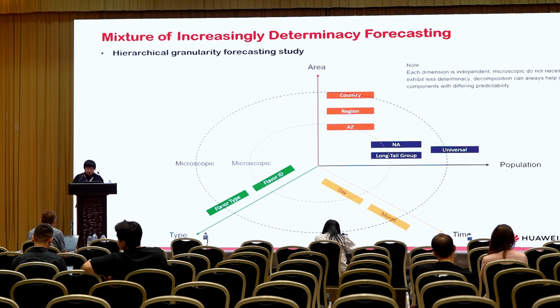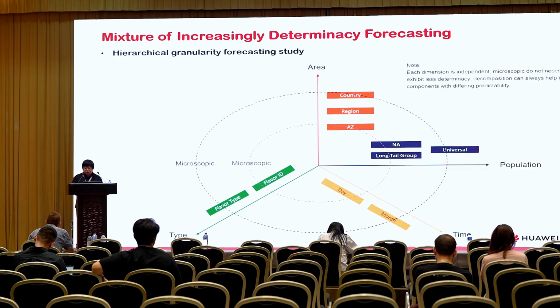Time series at different levels of granularity often exhibit distinct stationary or non-stationary behavior, and consequently varying levels of forecasting difficulty. Take the granularities of types as an example. Consider customer A's demand for a server of flavor type X, which comprises two specific variants, flavor ID X1 and flavor ID X2.